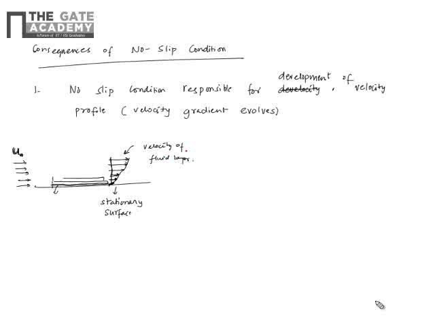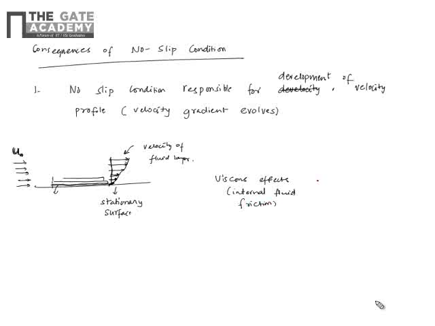The layer that sticks to the surface slows down the adjacent fluid layer because of the viscous forces, or the internal friction existing between the fluid layers. What is important is viscosity. Viscosity is nothing but the internal fluid friction.